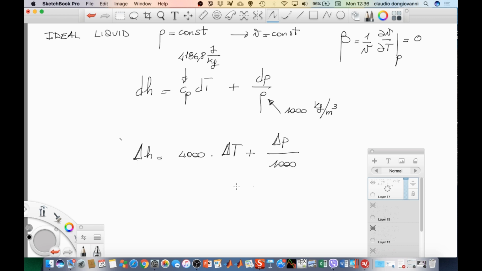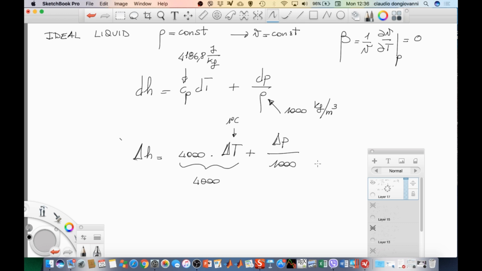So when you analyze this relationship, the first thing to do is to analyze the order of magnitude. Think of a quite small variation in temperature, 1 Celsius degree. It means that this term will be about 4,000.